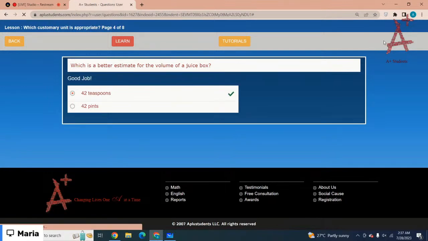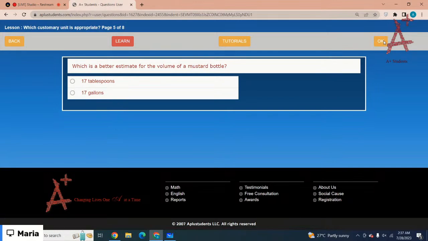Yes, you're right. Okay, the next one is which is a better estimate for the volume of a mustard bottle, 17 tablespoons or 17 gallons, which is the correct option?